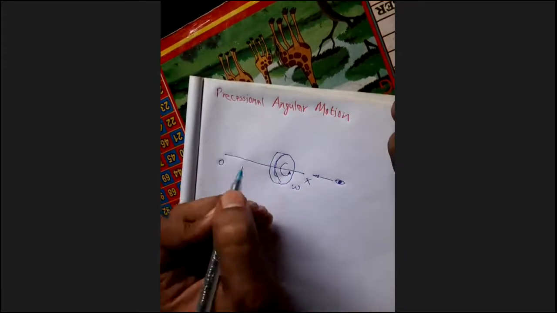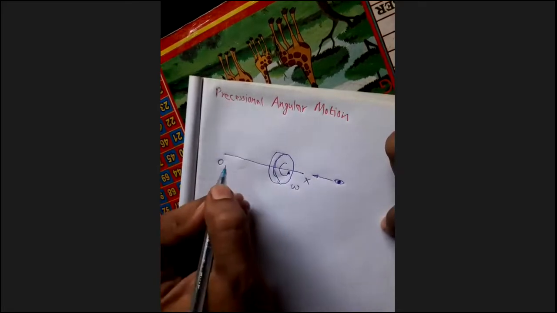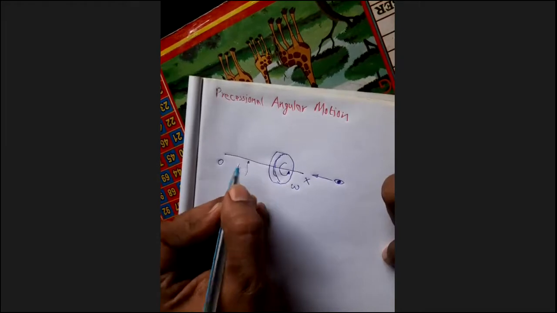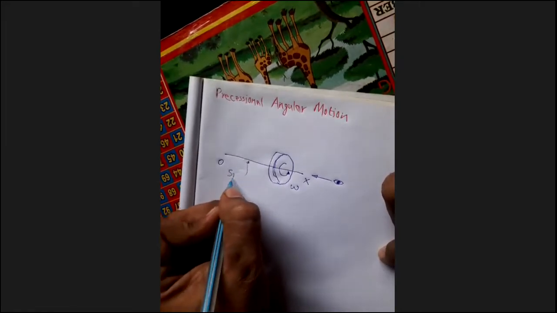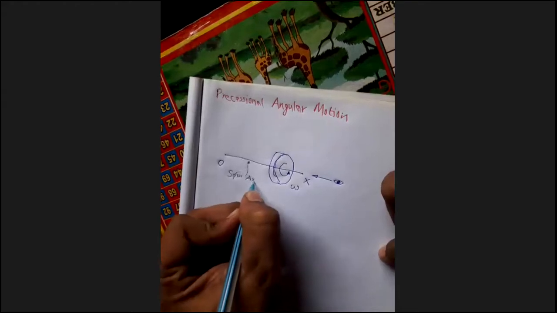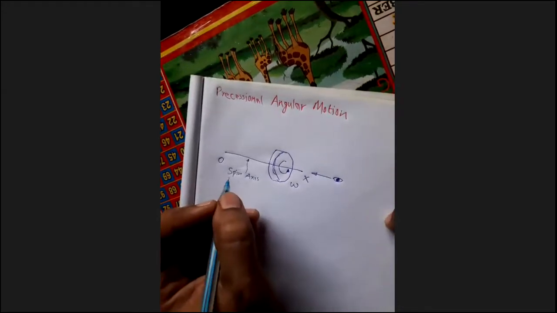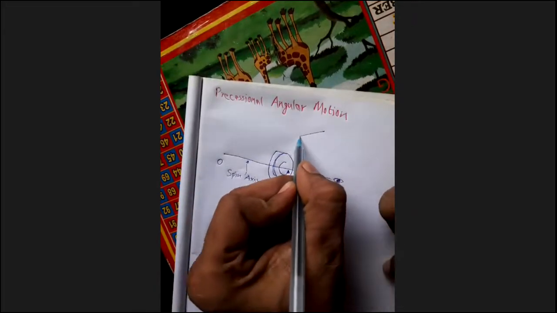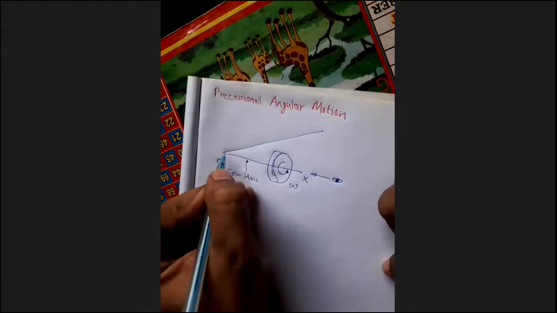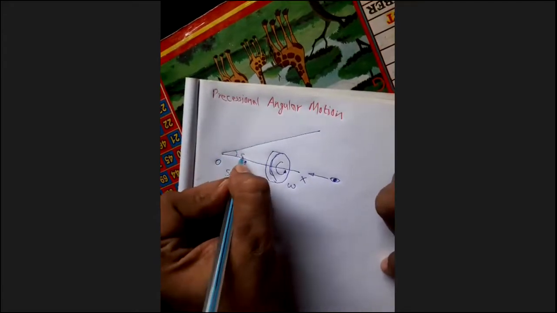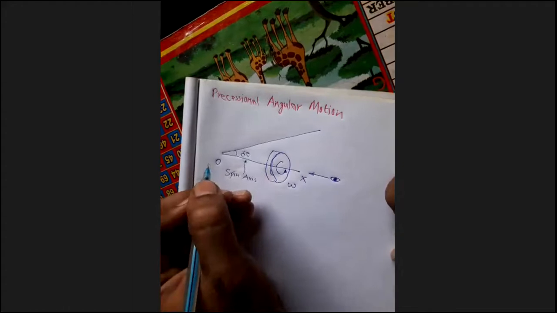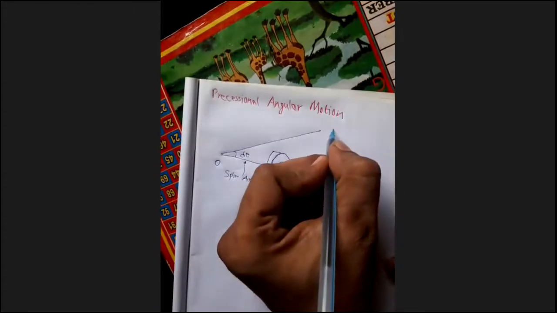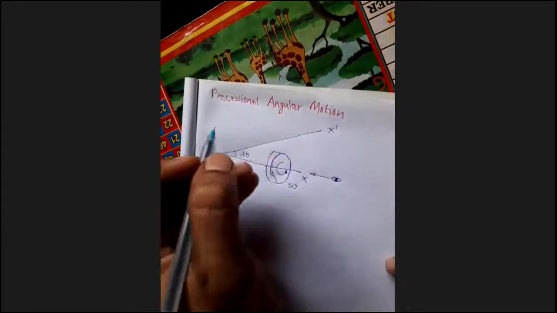Now let us assume that this axis, called the spin axis, is rotated by an angle delta theta in time delta t, so that the new position of the axis is OX dash.